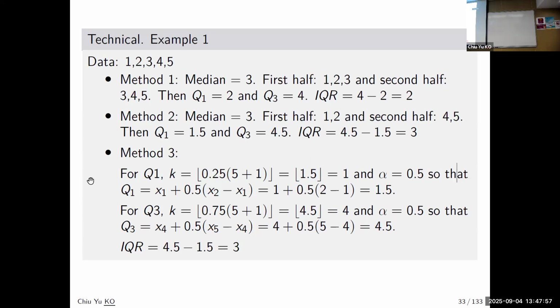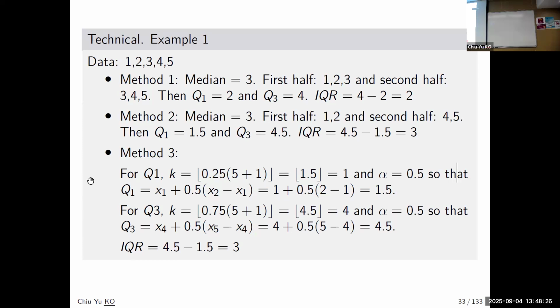Let me get Q3. Same thing: it's three quarters of n plus 1. N is 5, n plus 1 is 6, and Q3 is three quarters of n plus 1, which gives you 4.5. So we start from the fourth observation. That's called the floor function.